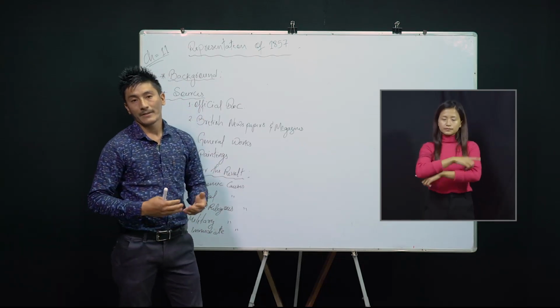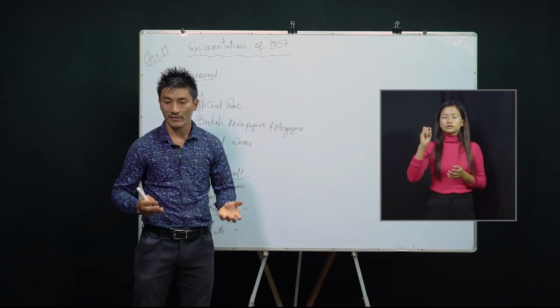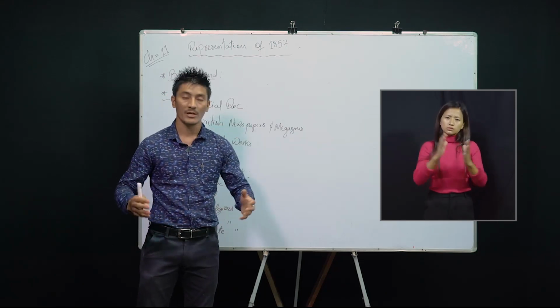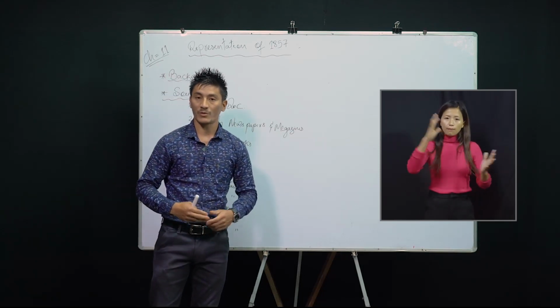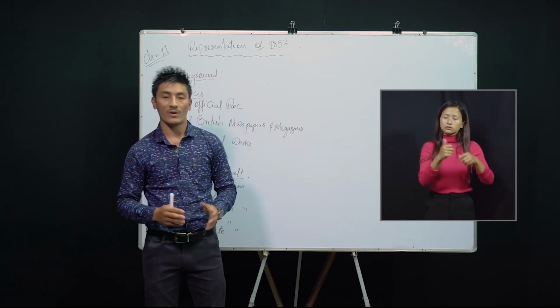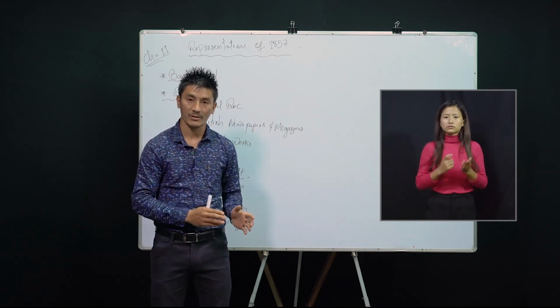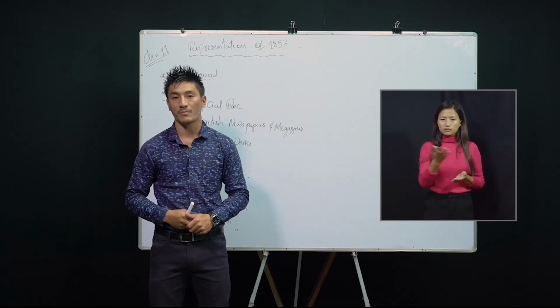When we say the revolt of 1857, why is it so huge and so significant? That is the question we need to ask. Another question is, was there no uprising or rebellion against the British before?